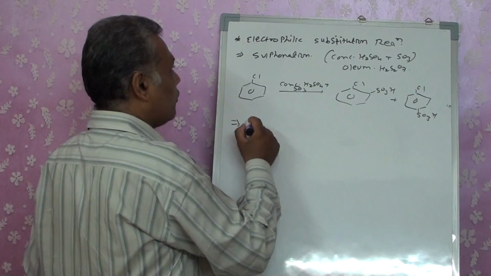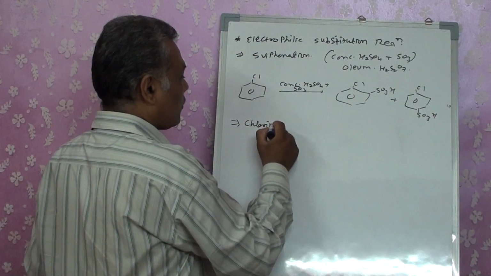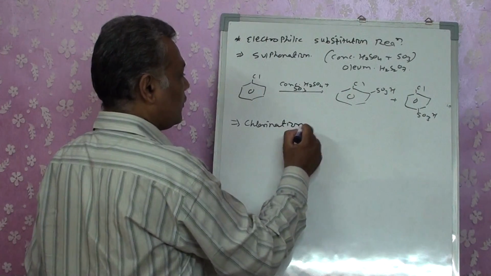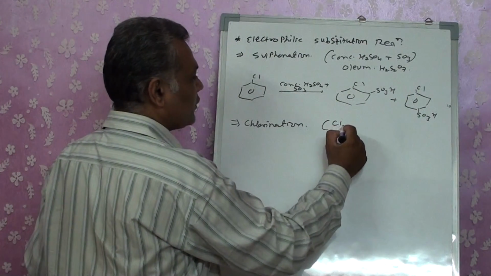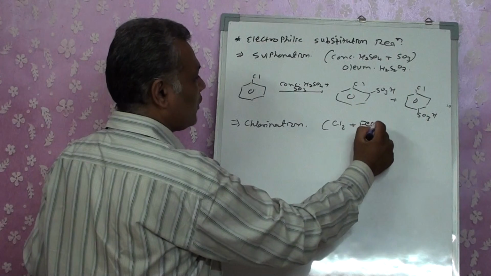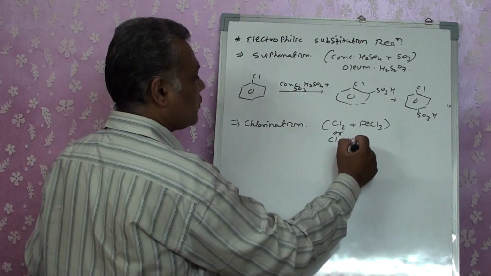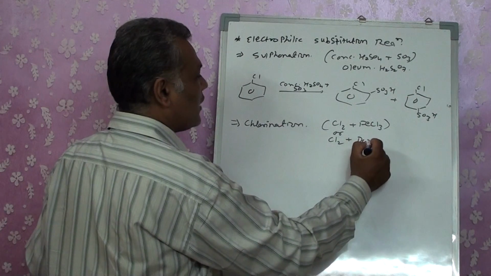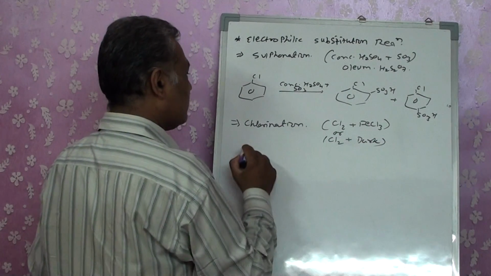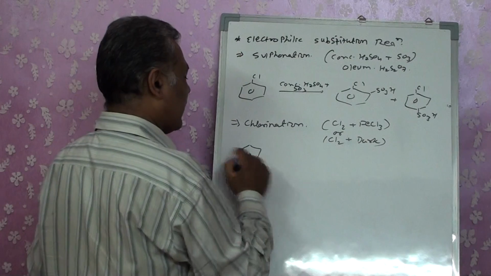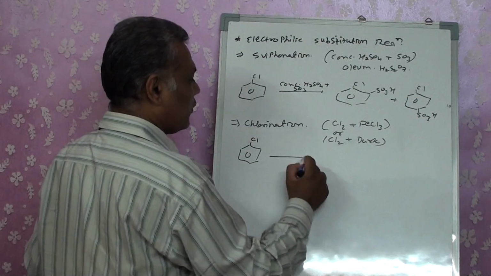If we go for chlorination, for chlorination we need Cl2 in presence of FeCl3, or you can take Cl2 in presence of dark, in absence of light. Dark means in absence of light.